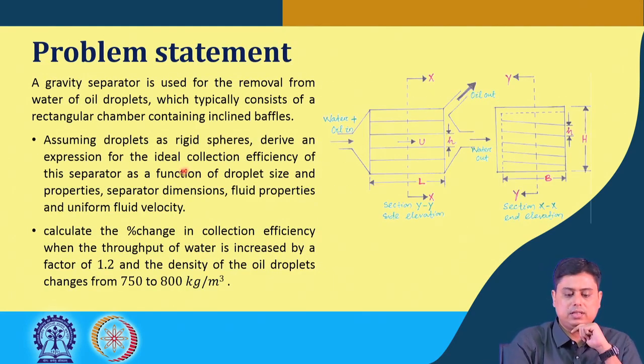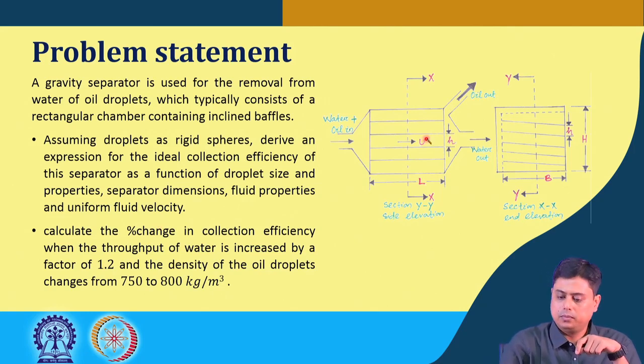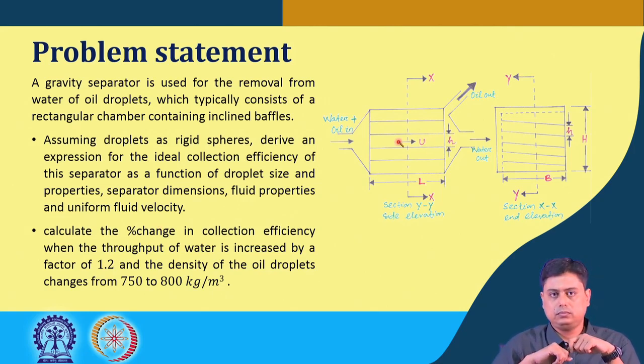The first part we have just answered: assuming droplets as rigid spheres, that means a kind of solid spherical object, we derived an expression for ideal collection efficiency as a function of droplet size x, its property rho p, separator dimensions, that is the baffle distance H and the L, fluid property rho f, and uniform fluid velocity, the capital U. So, we have answered the first part.